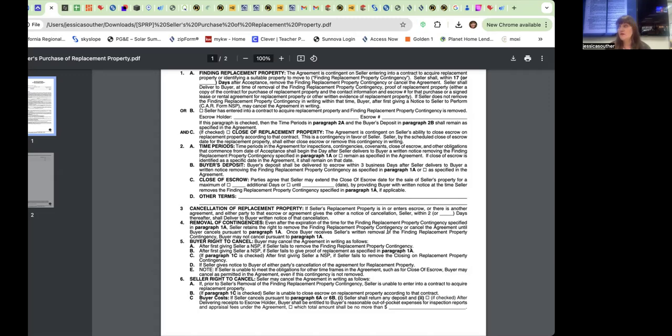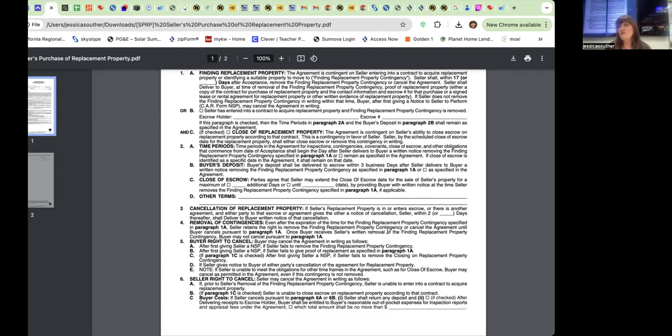6, seller right to cancel. How can the seller cancel? Seller may cancel the agreement in writing as follows. A, if prior to seller's removal of the finding replacement property contingency, seller is unable to enter into a contract to acquire replacement property. Okay, they can't find one in those 17 days, they can cancel.